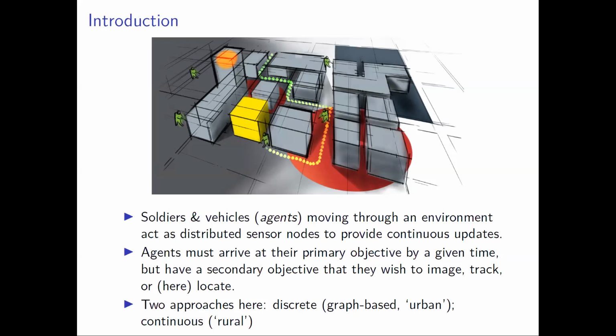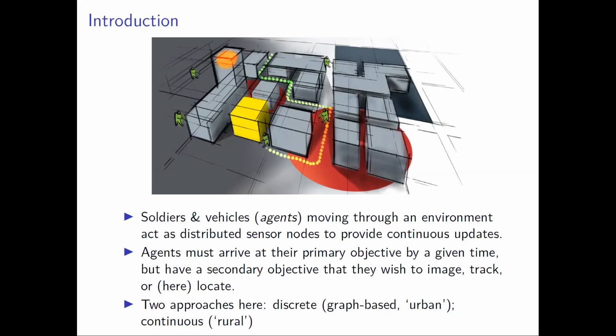So their primary objective as a constraint is that they arrive together in some box in two-dimensional space in a given time window.